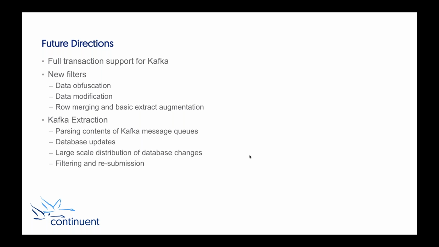We also want to add some basic things like merging data from different sources, some of the things you may more traditionally do with an ETL tool, such as replacing a lookup value in a single column. Then another thing we're looking at, related directly to Kafka, is extraction out of Kafka, so that you could take data replicated into Kafka and then take it out of Kafka and apply it into your database or one of our other targets.